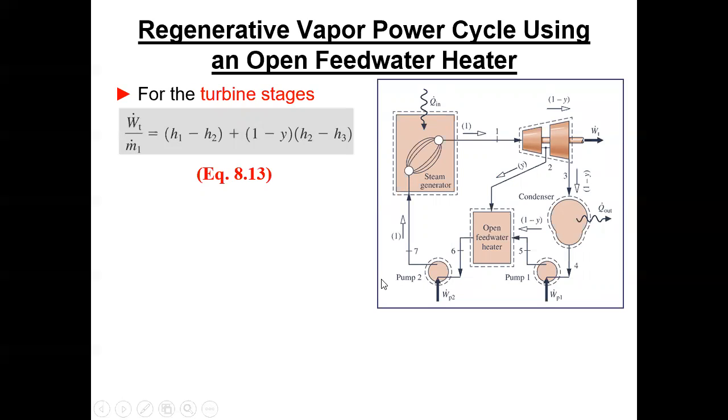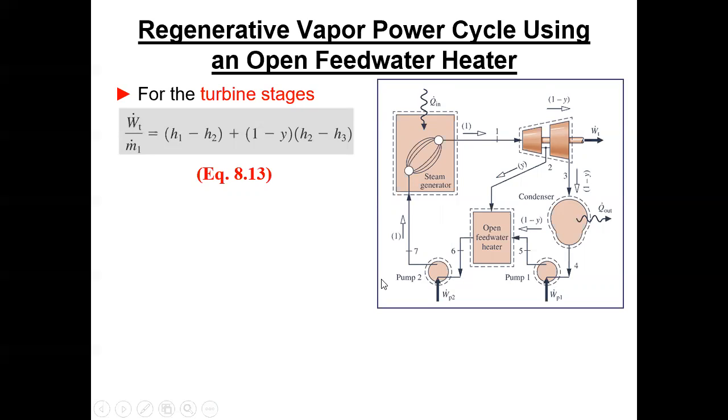But for that second stage, you have H2 minus H3, and you don't have the full mass flow. Say in our example where we said 20%, you only have 80% of that work because you only had 80% of that mass flow. So you put that 0.8 in front of the H2 minus H3. And notice that we're calculating this work per unit mass of main steam flow. So that's W dot turbine divided by M dot 1, the main steam flow out of the boiler. Everything is related back to that.